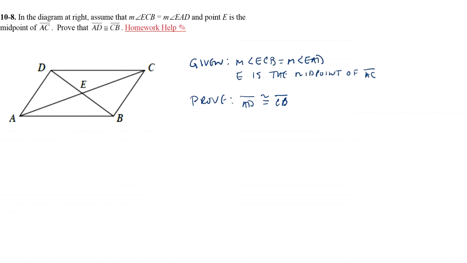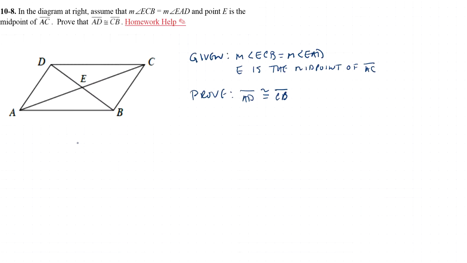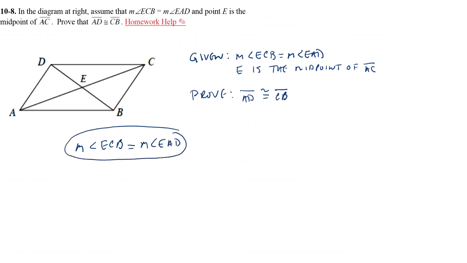So what I do is I start with the given information, and it doesn't matter what you start with. So we'll start with the measure of angle ECB is equal to the measure of angle EAD. Okay, and I'm getting this, it's given.